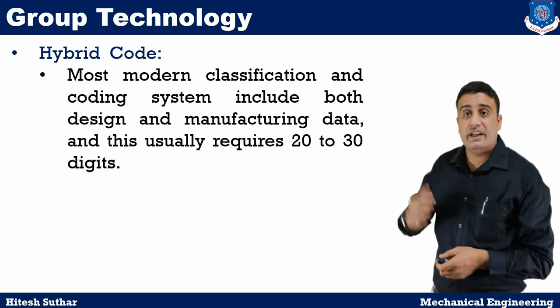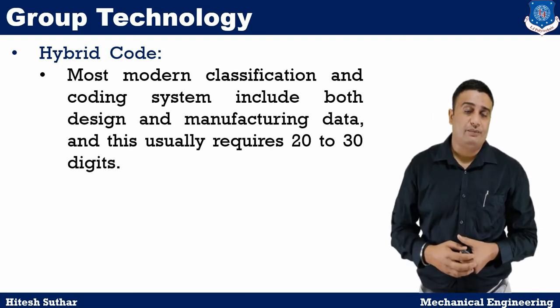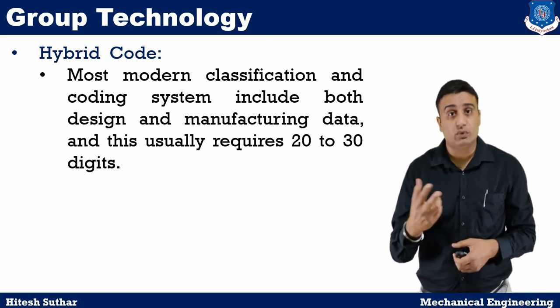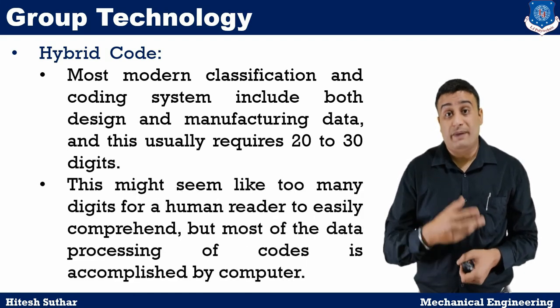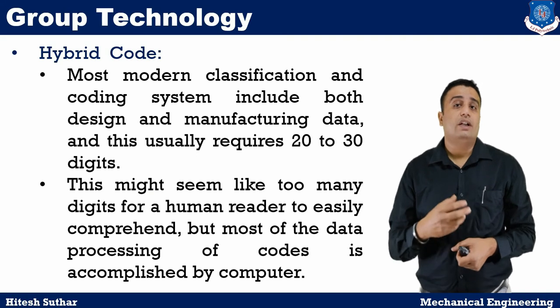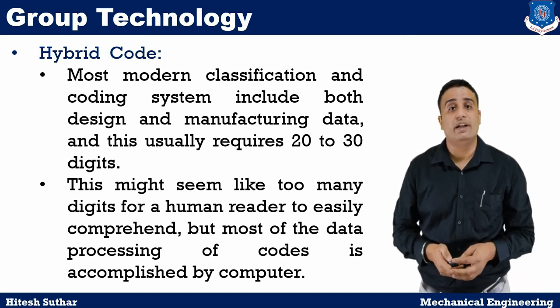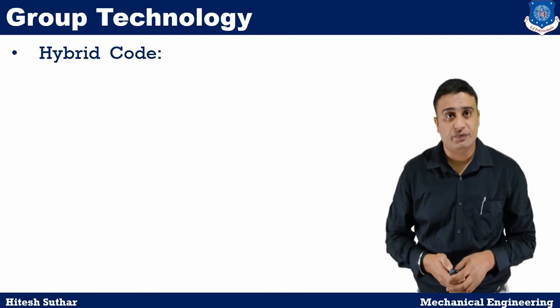Most modern classification and coding systems include both design and manufacturing data, so they usually require 20 to 30 digits. This might seem like too many digits for a human reader to easily comprehend, but most of the work in this coding system is accomplished by the computer.